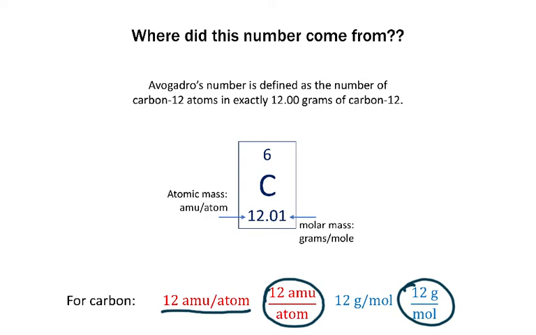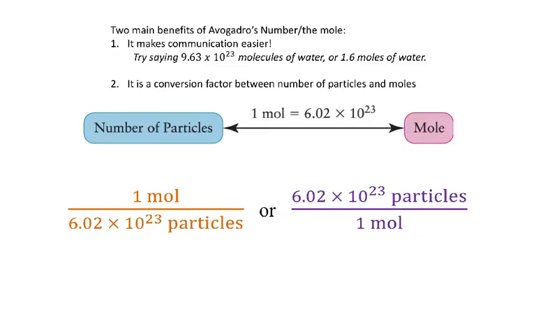So when we talk about molar mass, it's the mass of a mole, it's grams per mole, that's right there on the periodic table. Okay, I'll keep mentioning that again and again as we use it.